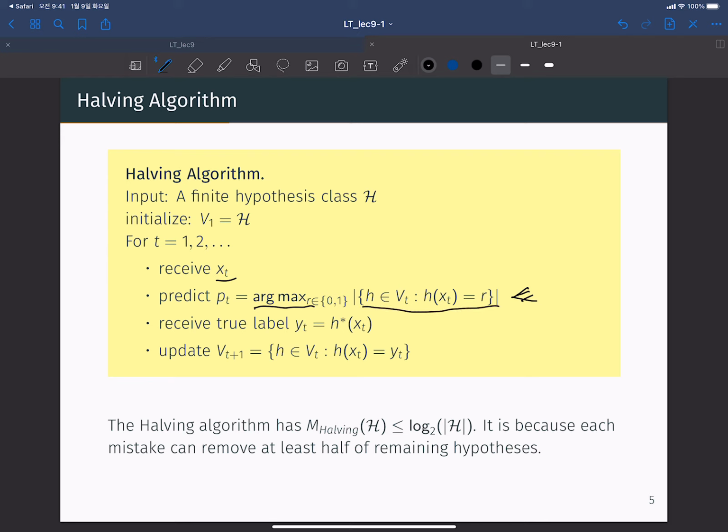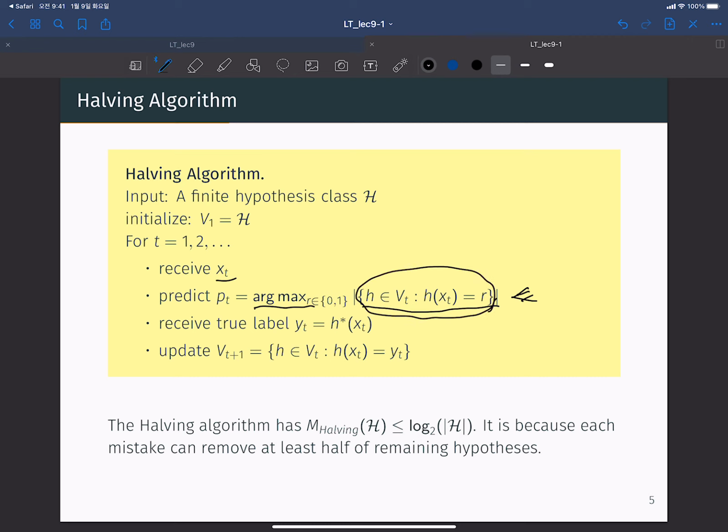So why do we have to follow the majority? Essentially, when we make a mistake, we can erase the hypotheses that made the same mistake. So when we follow the majority vote and there exists a mistake, so when yt is not equal to pt at this moment, which means we can erase this set.